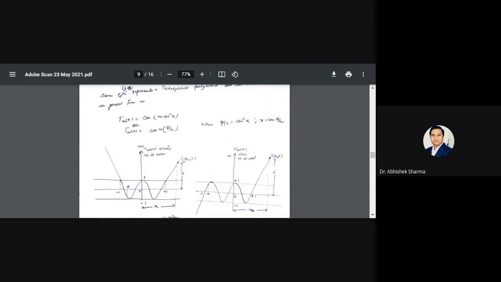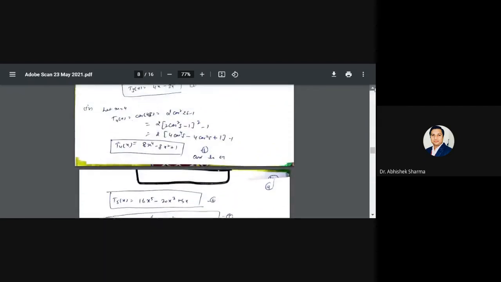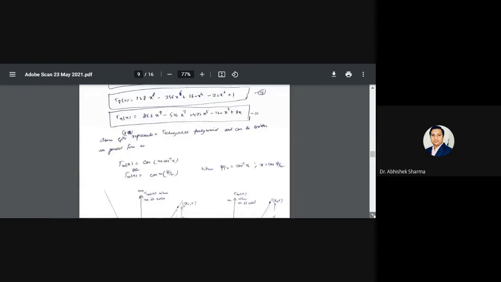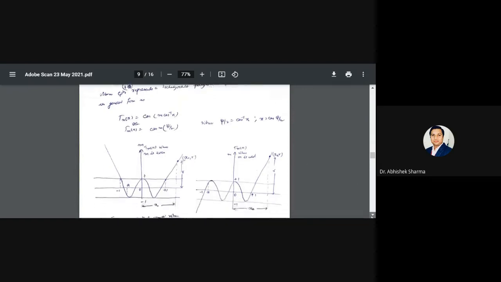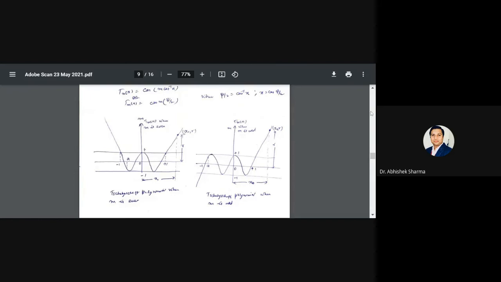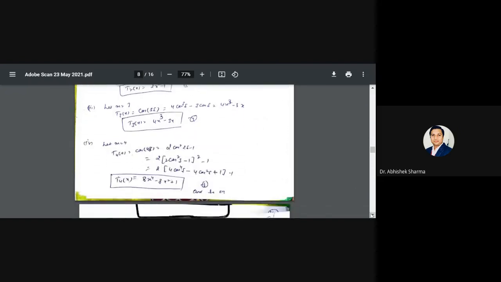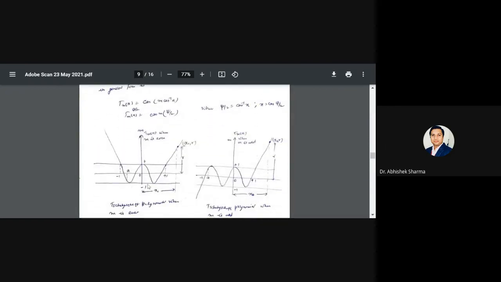Now this has been made from these equations, from T0x to Tnx. So when m is even, that means T0x, T2x, T4x, T6x, and T8x, then this distribution will be like this. I will tell you what it represents.